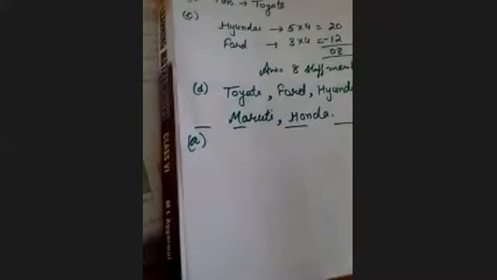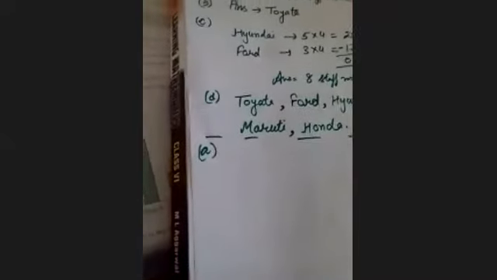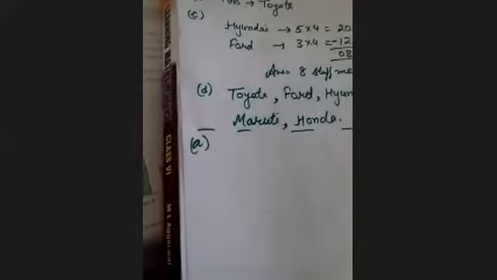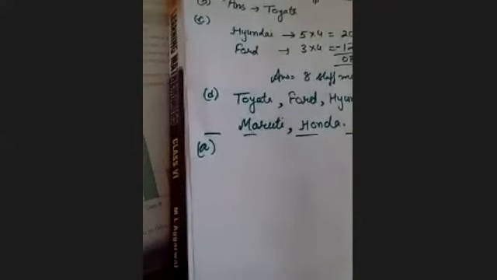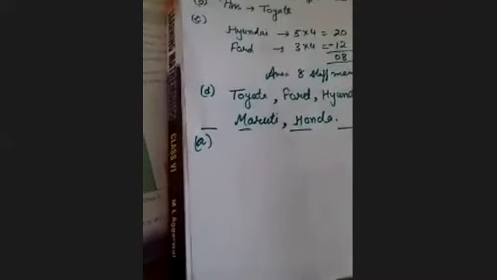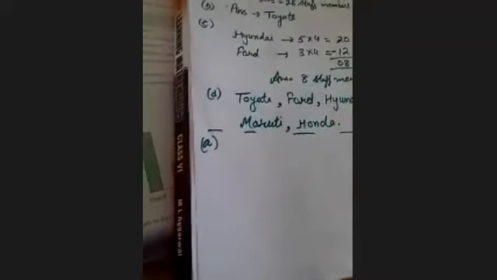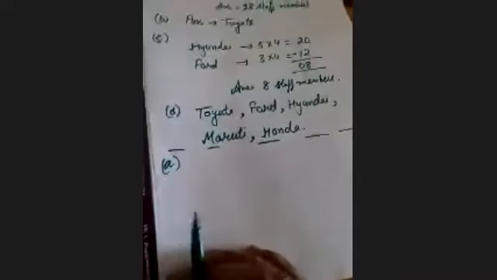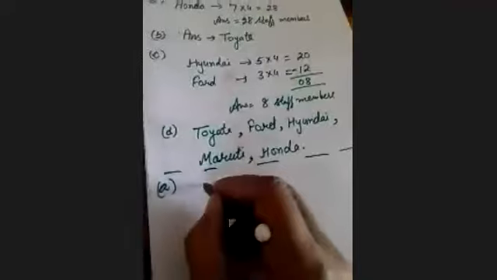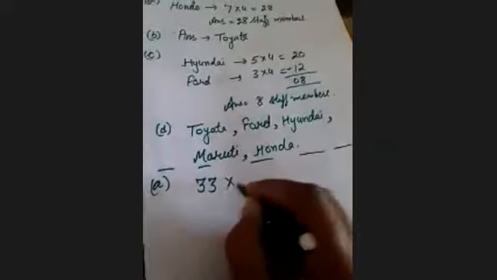Count the total pictures, then multiply by 150. There are total 33 pictures. 33 multiply by 150.